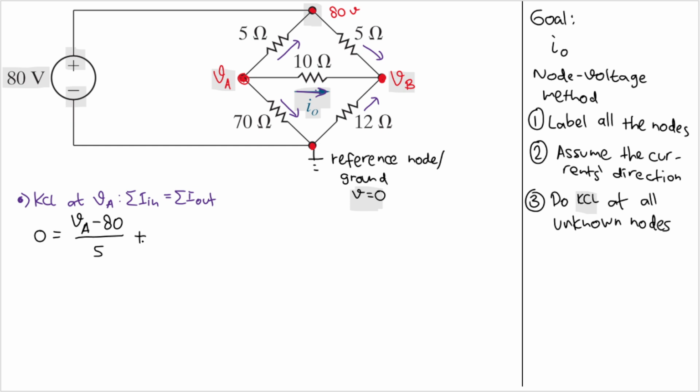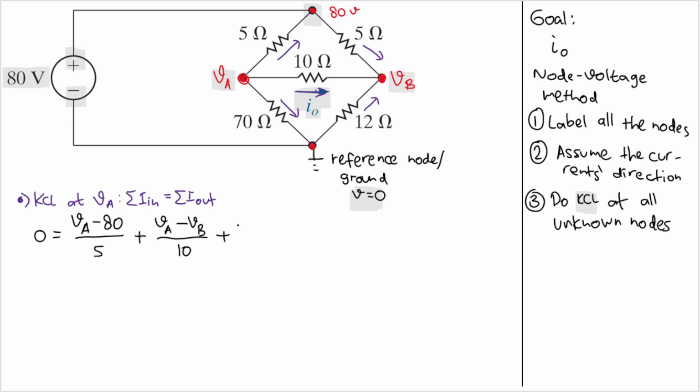Now let's move on to the second current that goes out. This current here is VA, where the current comes from, minus VB, where the current goes to, divided by the resistance between them, which is 10. Then I will have plus another current that goes out here.